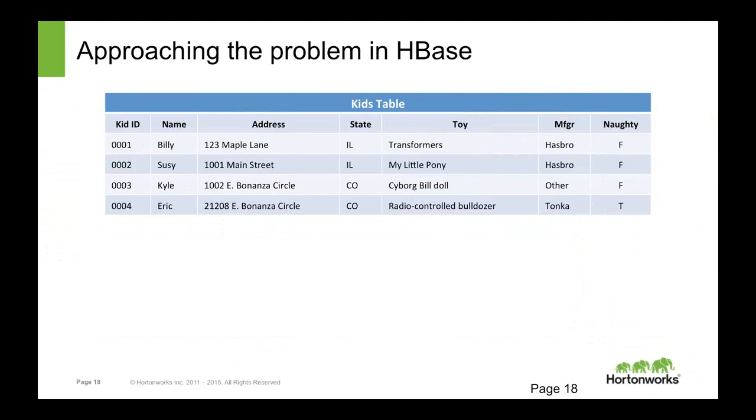The problem is you do have some repeating values. You've taken out the manufacturer information or the toy information and put it in with the kids data, so you will have some repeating values like Hasbro. You also have repeating states and things of that nature.